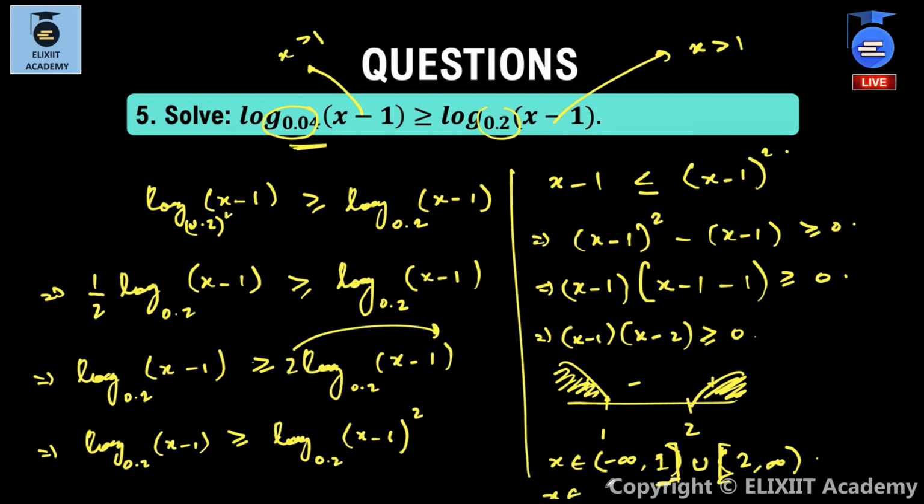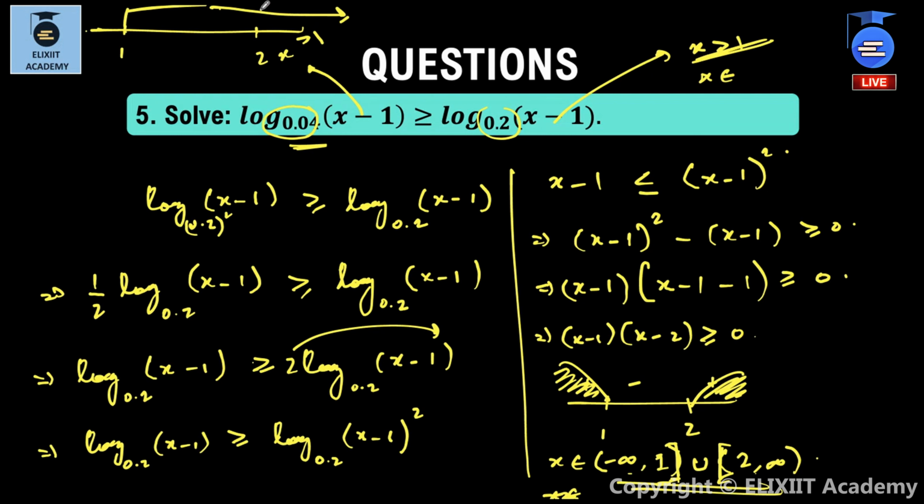X belongs to, basically what we are going to do is simply take the intersection of these two. Let's take the intersection. X is greater than 1 from the domain. So what are the points we have? We have 1 and we have 2. More than 1 means this region.